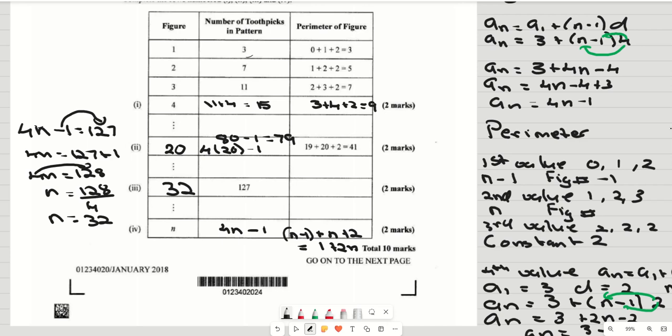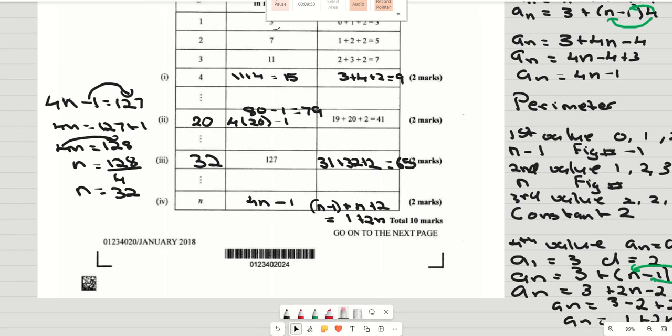You know that your first value is the one less, so it would be 32 minus 1 is 31, plus 32, plus 2. You could add it up instead of putting 1 plus 2n, right? So it would be 31 plus 32 plus 2 is equal to 65, right? And that would be the answer for part 2.